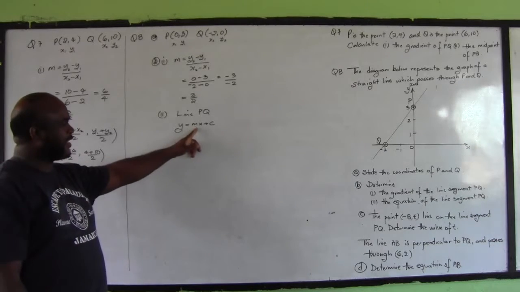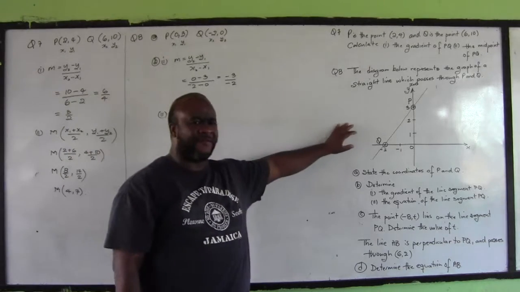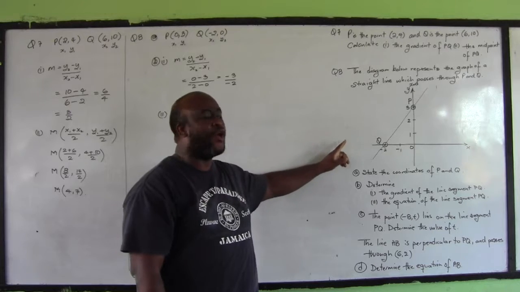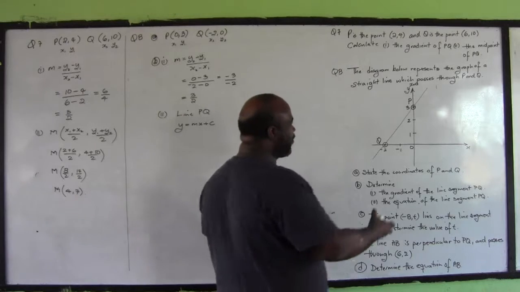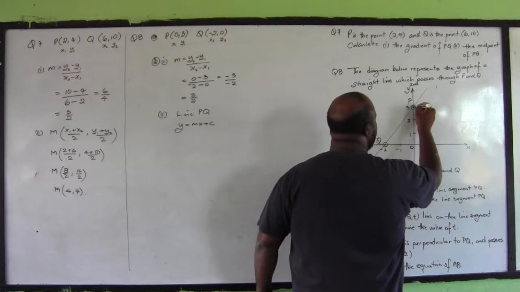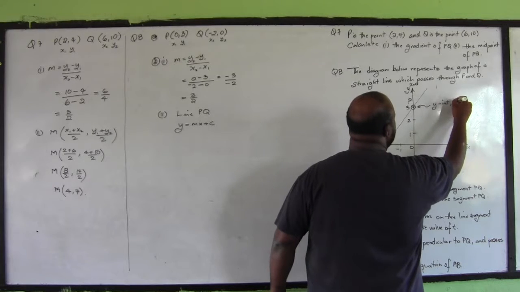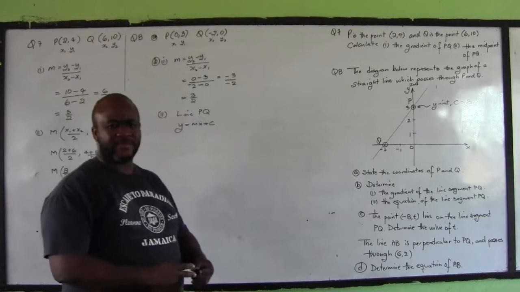You need the gradient and you need the y-intercept. If you have the graph and you can see where the line cuts the y-axis, you have the y-intercept. What is the y-intercept? 3. So this y-intercept, which is c, is 3.